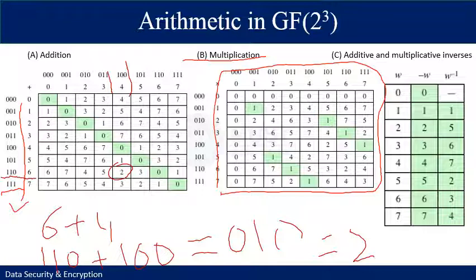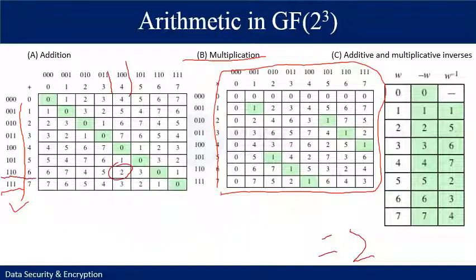Similarly, for multiplication, you can pick any two values. In the multiplication case, values in GF(2 raised to the power 3) are multiplied as polynomials with modulo 2 addition, and the result is computed modulo a polynomial expression.